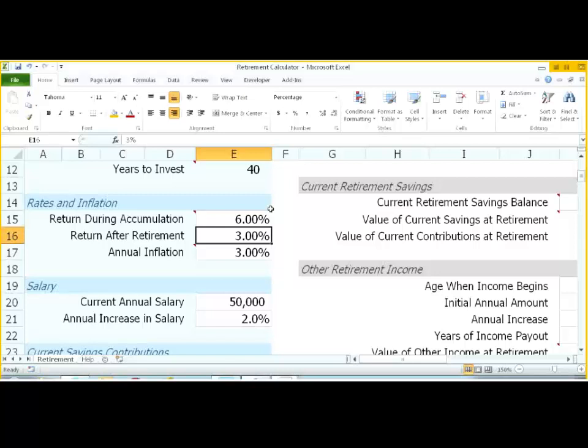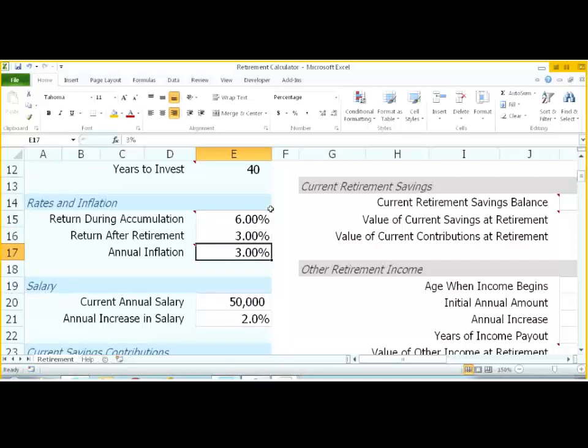Why is that greater than when you retire? Because typically when you retire, you're not as willing to be risky about your money. You're taking it out over a shorter period of time than you accumulated it. So you tend to choose investments that have a lower return, which are safer after you retire.